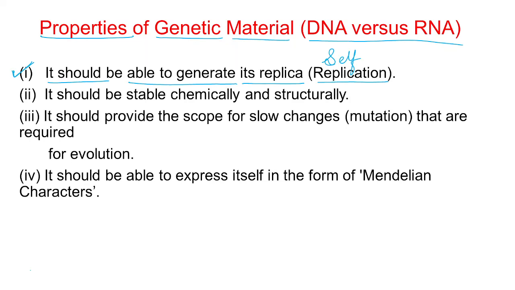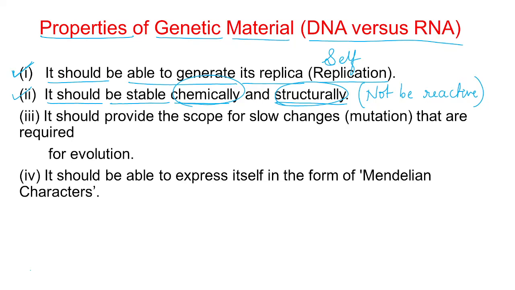Then what about the second one? Okay, the second one is it should be stable chemically and structurally. Okay, that means the genetic material, whether it may be any of the molecule, it should be chemically and structurally stable. That means it should not be reactive.